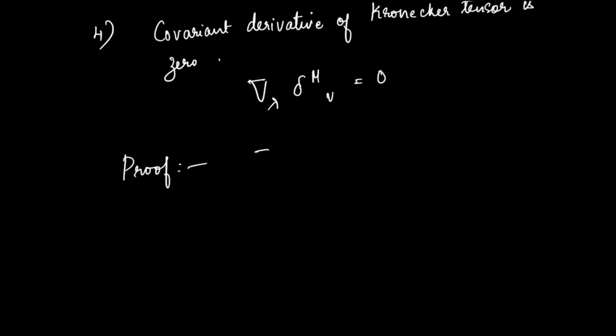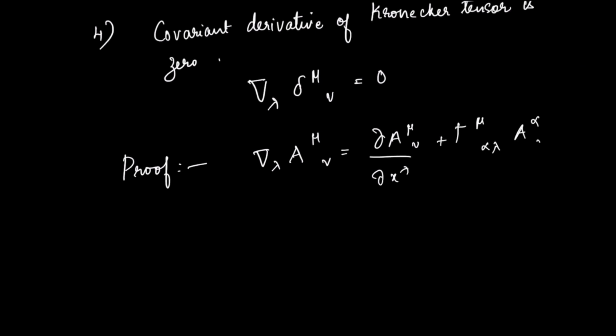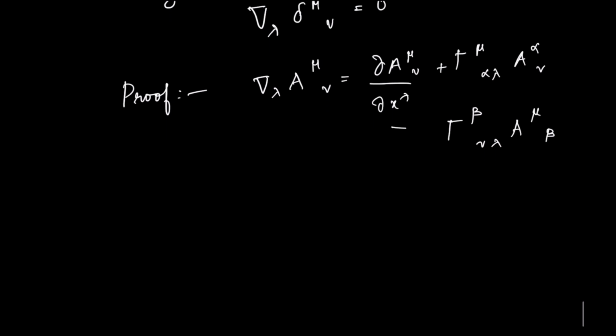The covariant derivative of a mixed tensor of rank 2 we have already seen: it is given by the partial derivative of A mu nu with respect to x lambda plus Christoffel symbol mu alpha lambda A alpha nu minus Christoffel symbol beta nu lambda A mu beta. This is a general mixed tensor of rank 2.